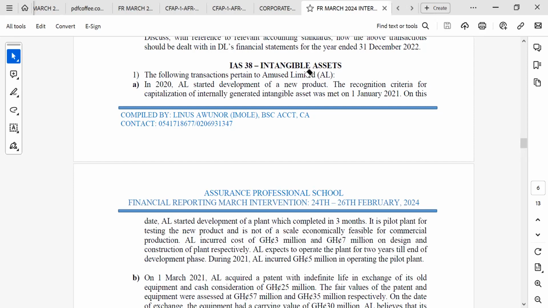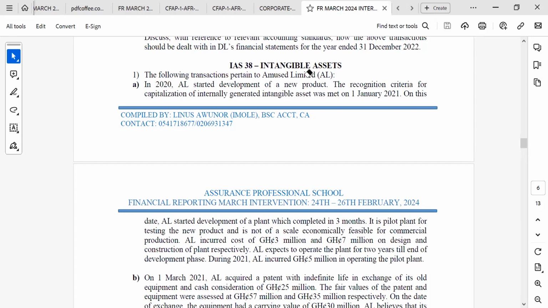Capitalized. You can't test without incurring the operating cost. So the operating cost is also a cost incurred before the product is ready for use. So any cost that you incur directly on a product before it is ready for its intended use, all those costs must be added to the initial cost of the asset.